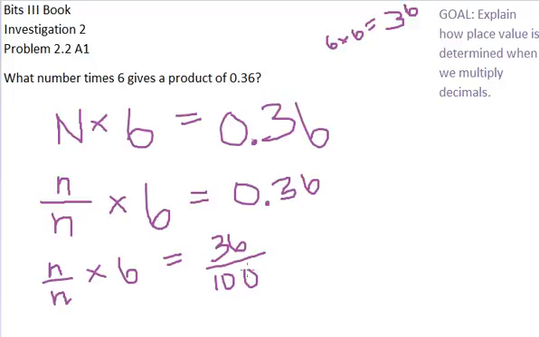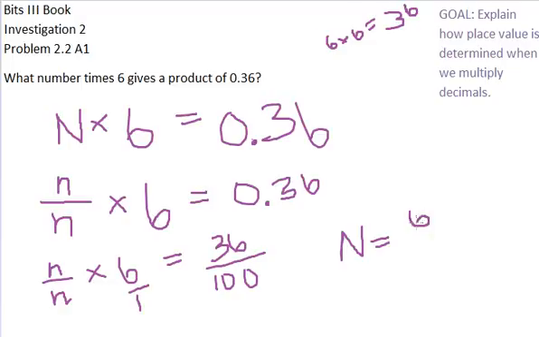So I know that I can write 6 as a fraction if I have a denominator of 1. So this is my new problem. Because when we multiply fractions, we multiply the numerators together, I know that this n on top must be 6, because I know that 6 times 6 is 36. So let's write out what n equals, because I think I can figure that out now.